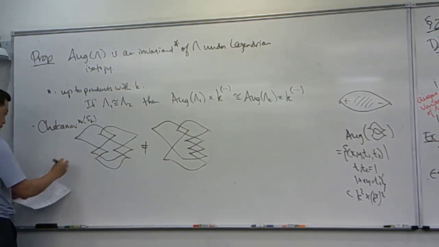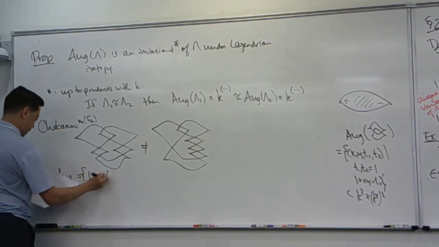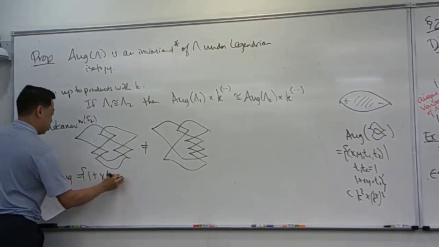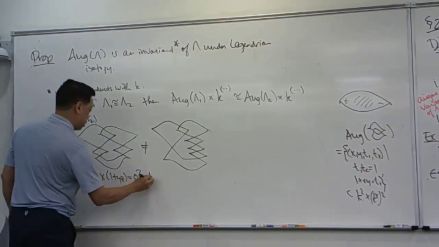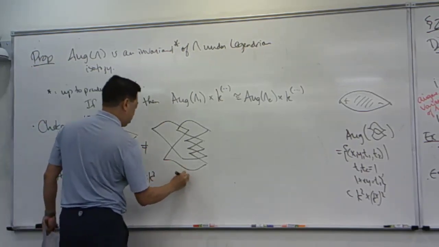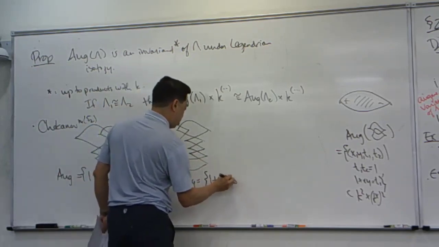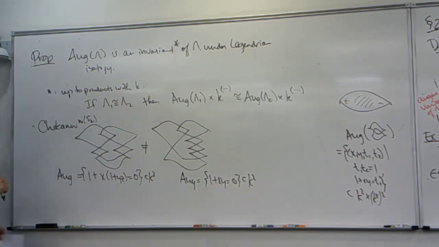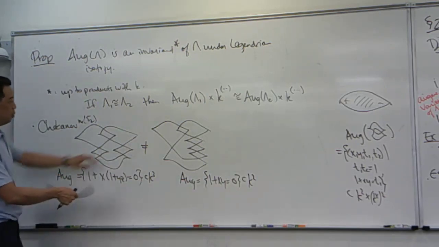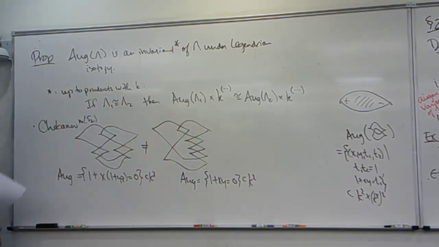If I've gotten this right, for this one the augmentation variety looks like 1 plus xy equals 0, and here the augmentation variety looks like 1 plus xy equals 0 inside of a squared plus b. And I'll leave it to you as an exercise to check. It's an algebraic exercise that there are no products of K's that you can multiply these two things by so that you get the same thing.